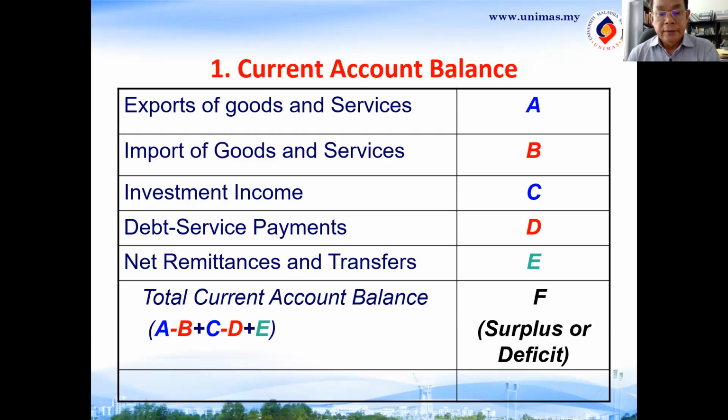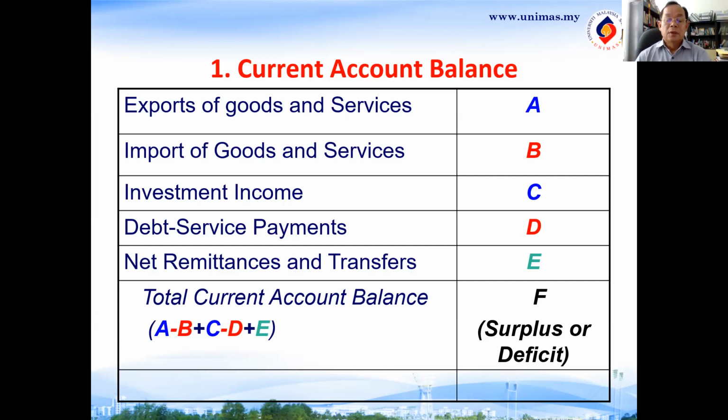And then the other thing is the net remittance and transfers, and I put it green just to show that it can be positive or negative. If there are a lot of people working overseas, for example, that brings in money ataupun transfers money back home, then it becomes positive. But if there is a lot of money transferred out of the country, then it becomes negative.